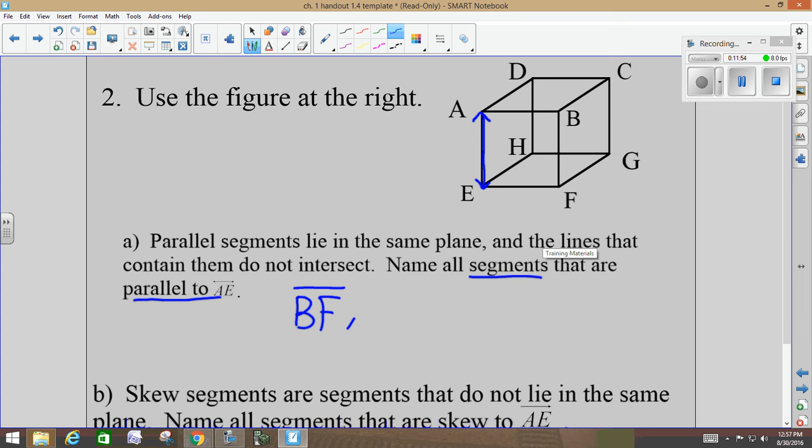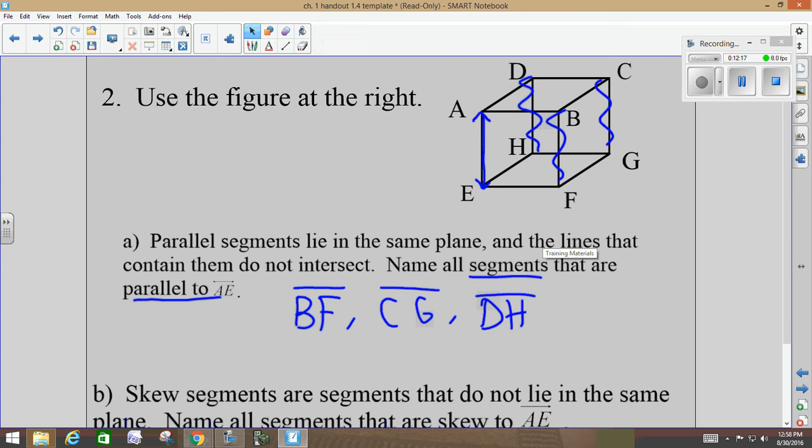Don't forget your segment symbol. Trinity, do you have a different segment that's parallel? Good. Don't forget your segment symbol. Julia? Good. Ross, any other ones? Good. Those 3 segments are all parallel to AE.